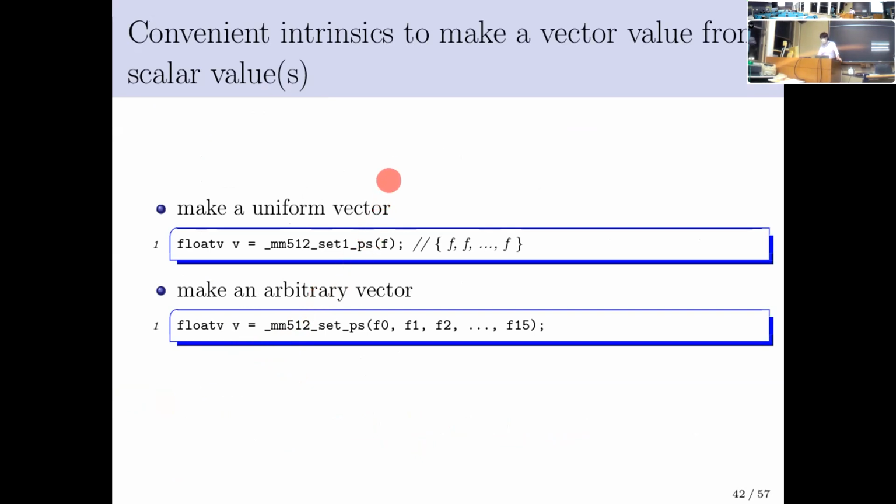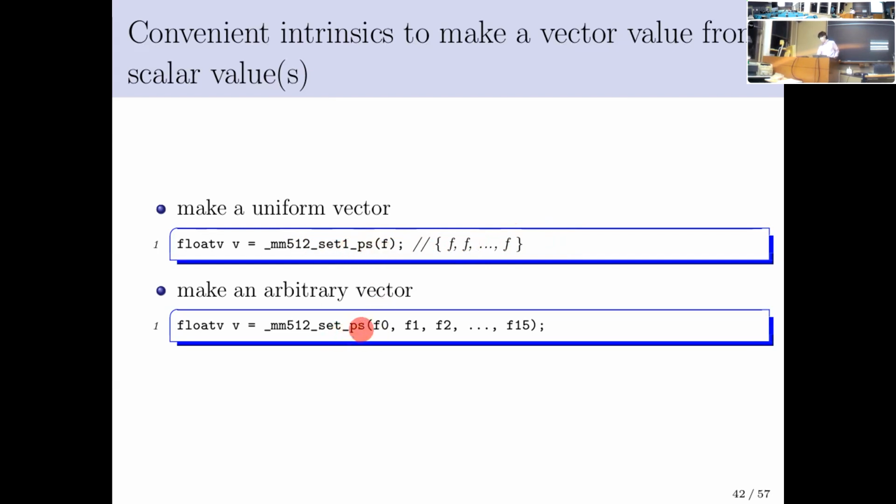Actually, in these intrinsics, there's a function that converts scalar values into a vector. This is a function that takes a single scalar value, for example, in this case, a single precision 32-bit floating point number, and converts it into 16 copies of the same value. It is called set1_ps.